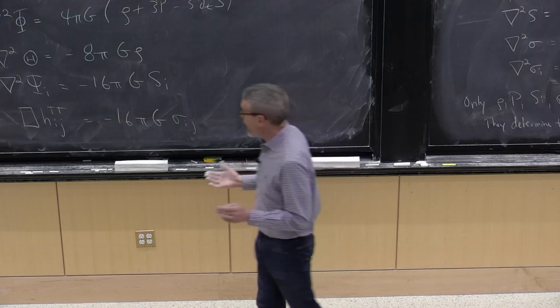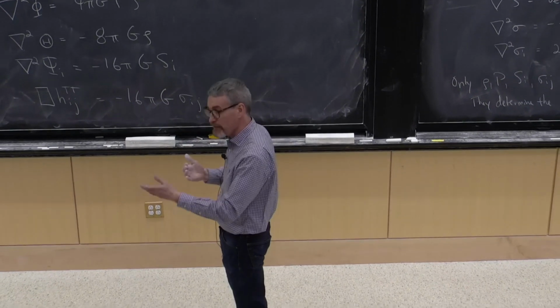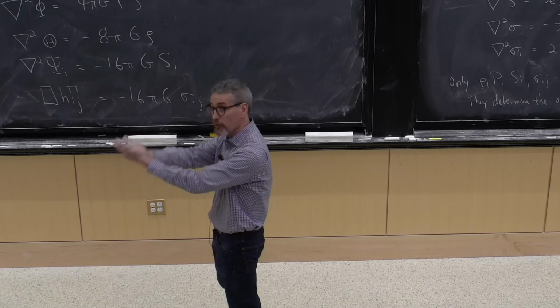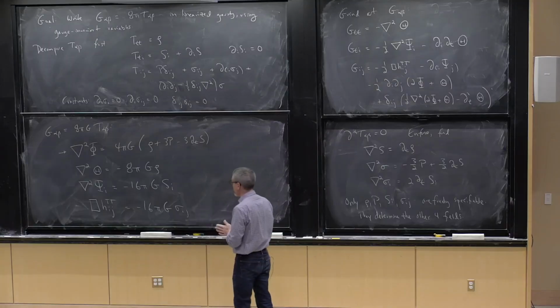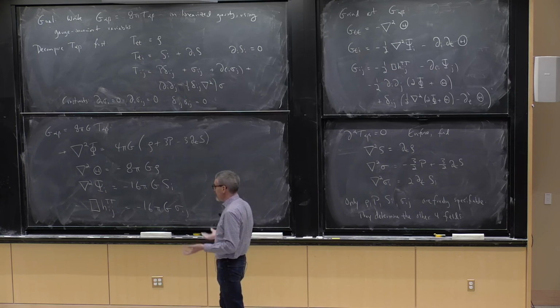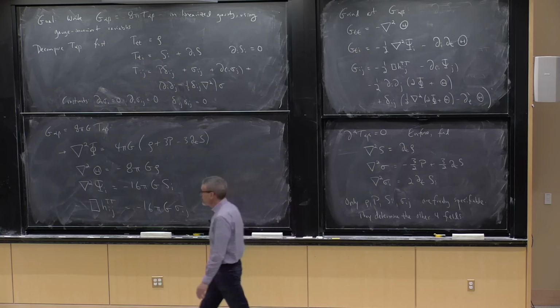Everything fell off as 1 over r and had a time dependence that reflected the time delay it takes for radiation to travel from the source to the point at which the field is being measured. But we saw via this electrodynamic example, put up just for intuition's sake, that it's entirely possible to have a totally non-radiative field that looks radiative, basically because we chose a gauge that masked its physical character.